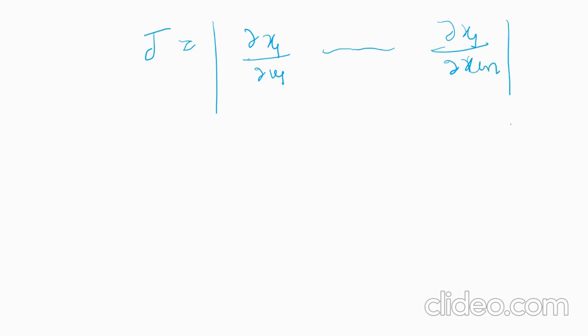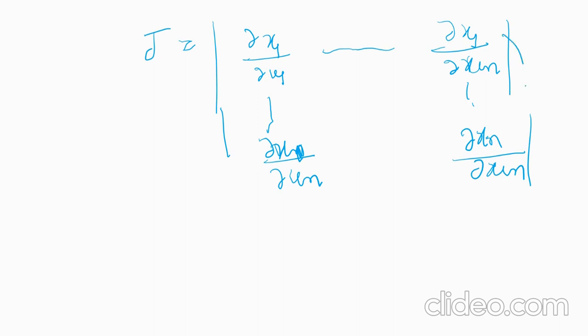So the Jacobian given here is del of x1 divided by del u1, up to del of x1 divided by del un, and then this one is del of xn divided by del u1, up to del of xn divided by del un. So this is the Jacobian.